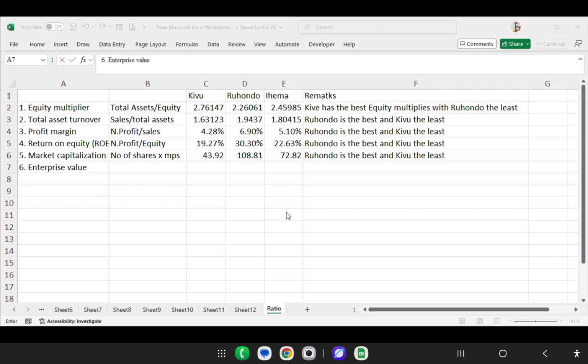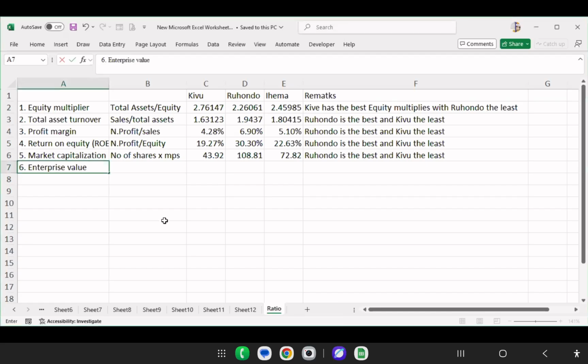The other one was market capitalization, where we get the value of the market. And then we have the enterprise value, which is determined by the market capitalization, plus debt, minus the cash.